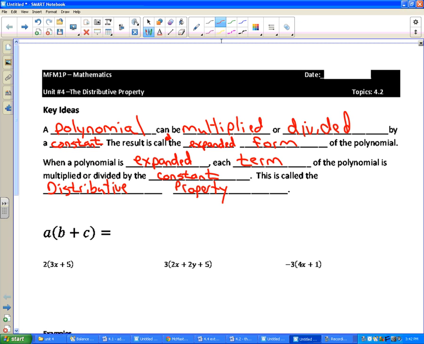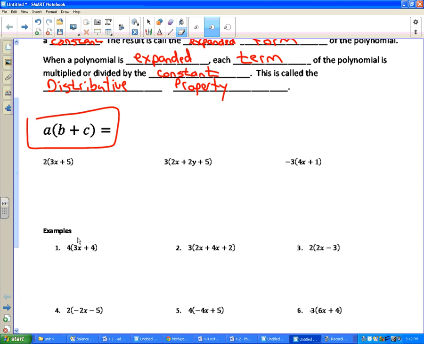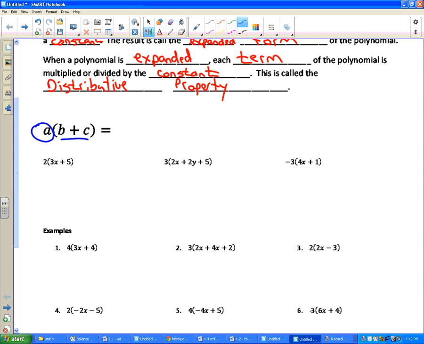We're going to use this example to start. We're just going to look at some letters. The distributive property simply says we're going to take this constant, which is outside of our polynomial, because inside we have our polynomial, the b plus the c.